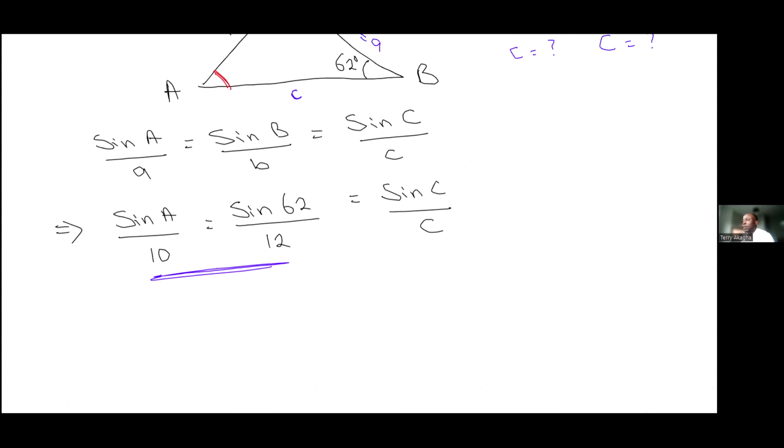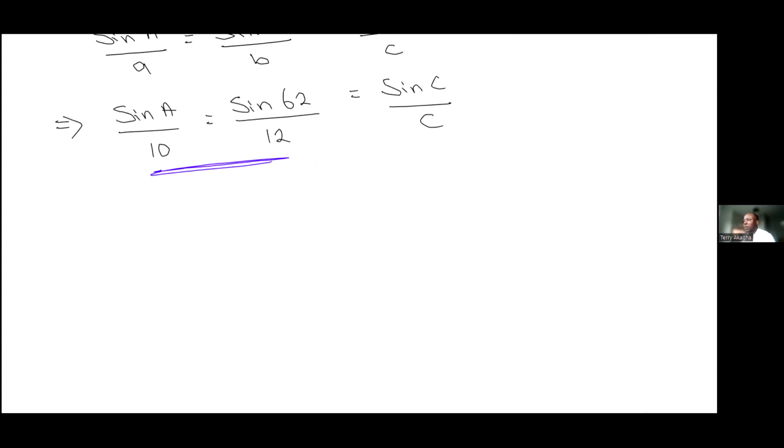So we know that sine A over 10 is equal to sine 62 over 12. You cross multiply. So 12 is going to multiply sine A. So you're going to have 12 sine A will be equal to 10 sine 62.